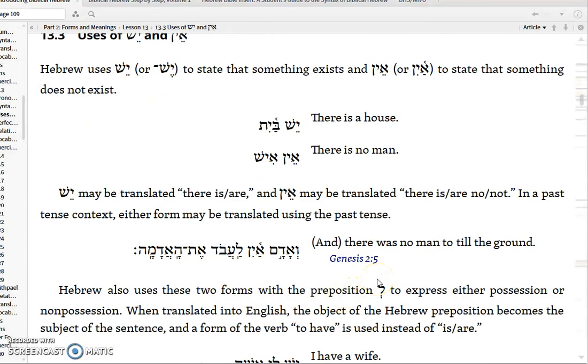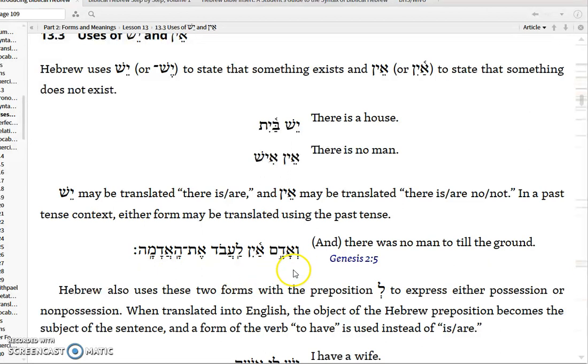You get an example of this formulation in Genesis chapter 2 and verse 5. Ve'adam ayin la'avod et ha'adamah. And the man was not to till, direct object marker, the ground.